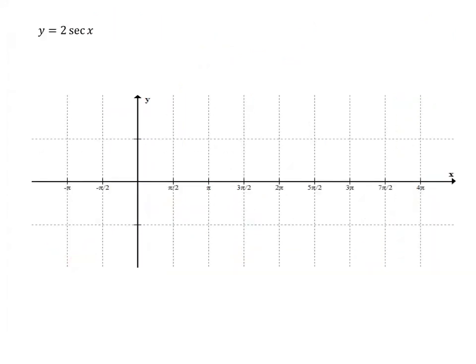In this example, we are asked to graph 2 times the secant of x. So to start, I am going to note this as being positive 2 and this as being negative 2. What I will do first is I will graph this as though it were cosine of x, because that's something that I'm pretty comfortable graphing.